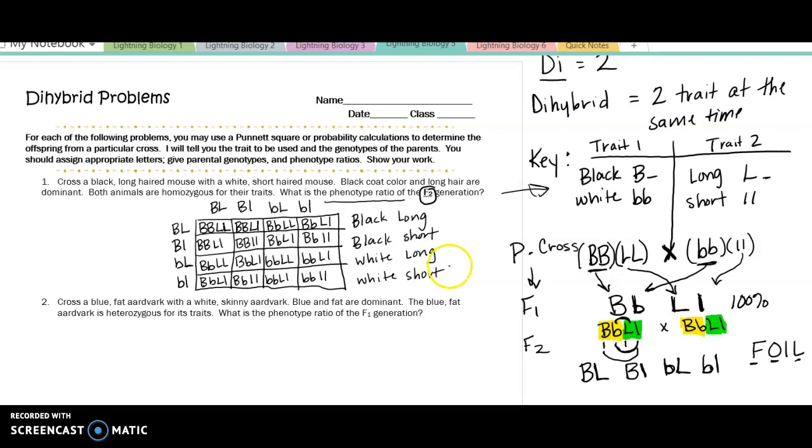Okay? So now what I do is I go to my Punnett square and I literally just count. So if I have black long, it has to have at least one big B and one big L. So I'm going to go through here. There's big B, big L, big B, big L, big B, big L. Big B, big L. That one has two little L's, so that one doesn't work.